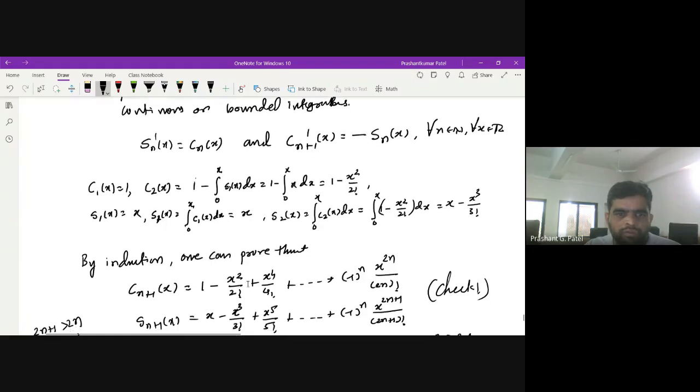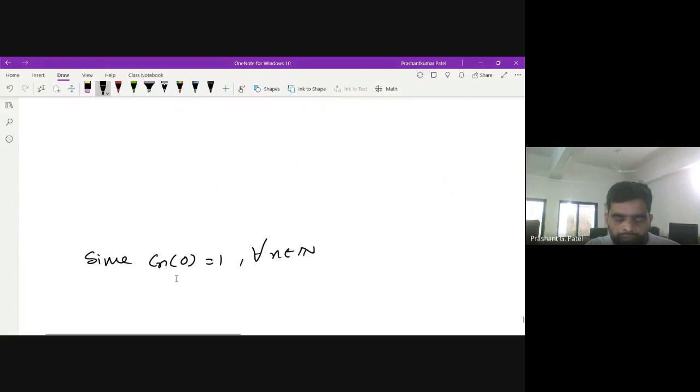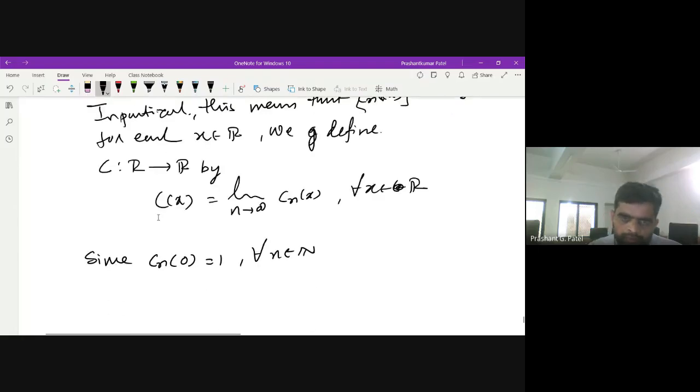If x is 0, it will be 1. So Cn of 0 is 1 for any n. So if I apply the limit, we get C of 0 is also 1. Now we still need to prove that the double derivative is itself, and C dash of 0 is 0.